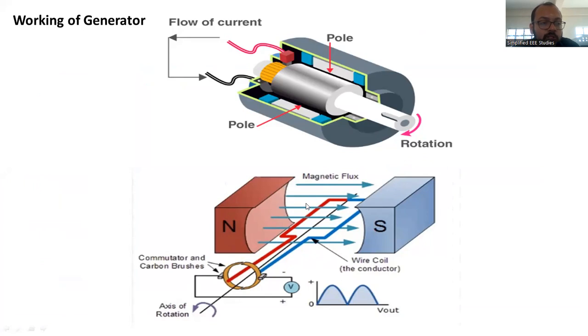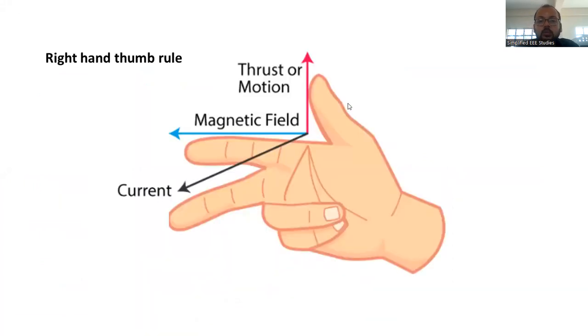For that purpose, we are going to use Fleming's right hand thumb rule. First, what you are supposed to do is stretch your thumb. This is your thumb, correct? This is your forefinger.